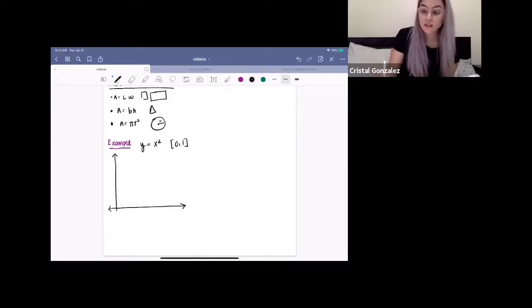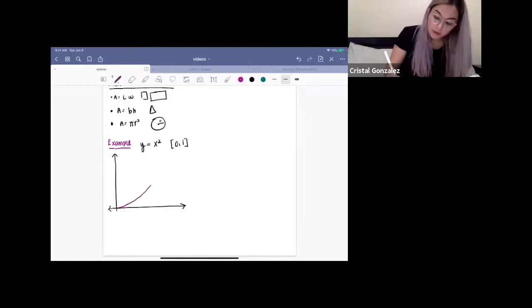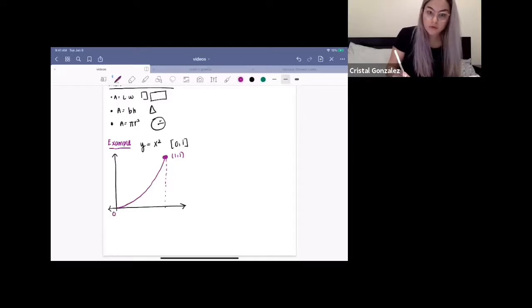That's just the right-hand side of an upward parabola, a concave up parabola that looks like this. And let's call this point 1, 1. So we're looking into finding the area between 0 and 1.